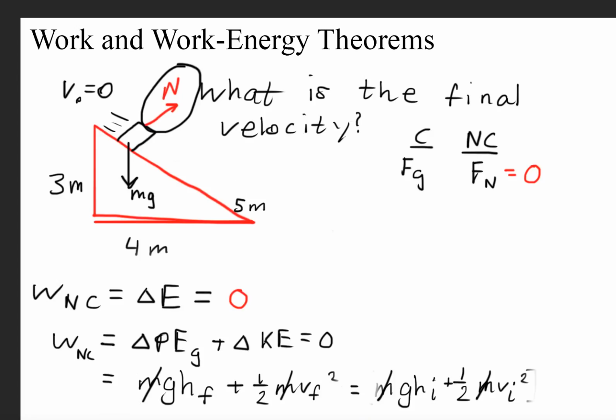You start off at 3 meters, but at this point right here where the block will end up, our height is 0 because this is at ground level. At ground level, there's no height, and that's how we'll define it. You choose to define the point where h is equal to 0. Right here where I'm making this big black dot, that's where it's 0.